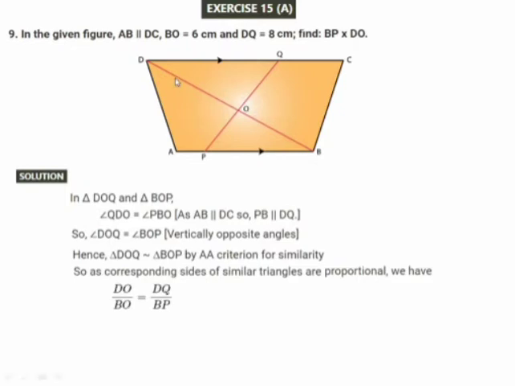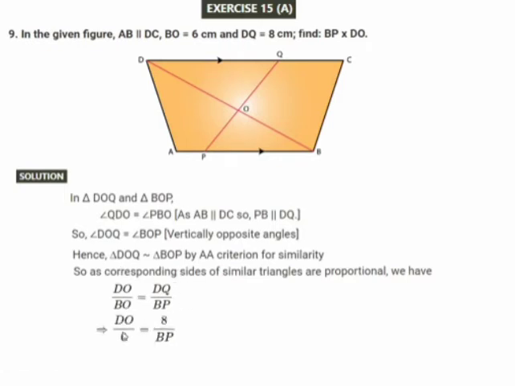That's why DO by BO will be equal to DQ by BP. DQ is this one, and BP is this one. Since the corresponding sides are proportional, let's put the values now. We know BO is given, DQ is given, right?